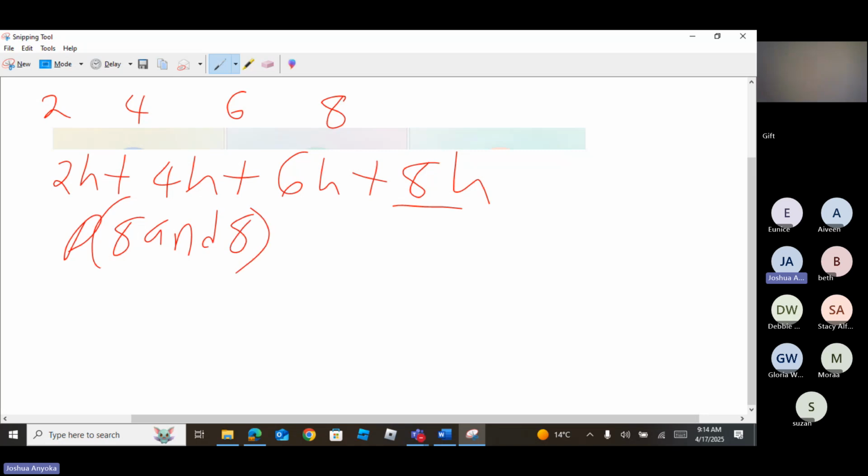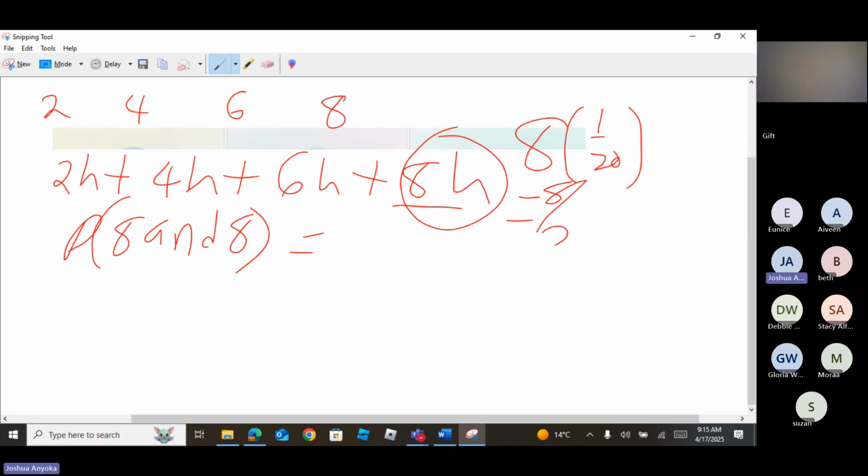For independent events we multiply. So the probability of getting this one is 8H. And what was H? 1 over 20. So this is 8 over 20, which simplifies to 2 over 5.